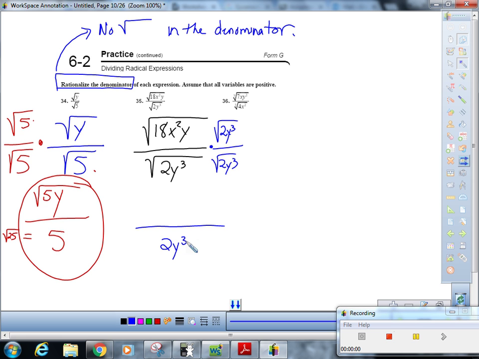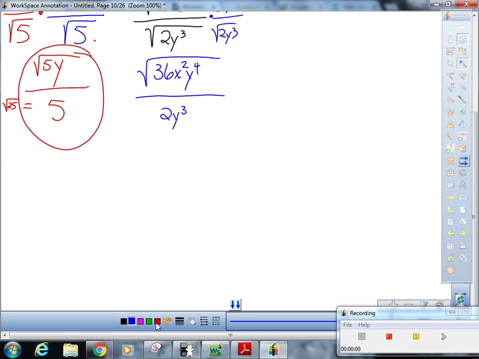On the top, you get a square root of 36x squared y to the 4th. Okay? Alright, well, what's the square root of 36? 6.